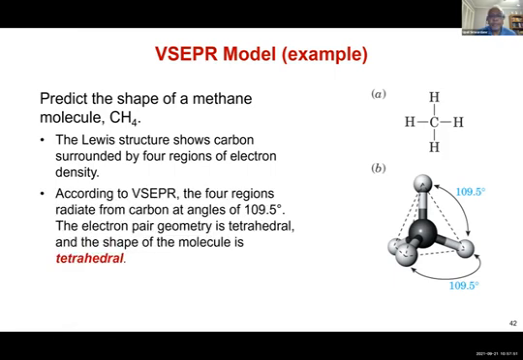According to VSEPR theory, the 4 regions radiate from the carbon at an angle of 109.5. This geometry or shape is called tetrahedral. So similar molecules with 4 bonding electron pairs and no unshared electrons are always found in a tetrahedral shape. The angles are 109.